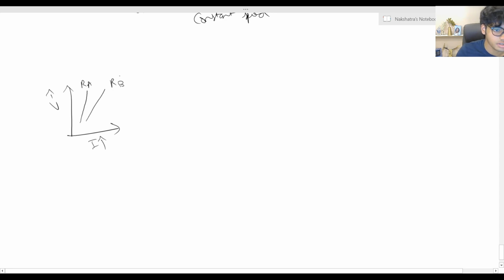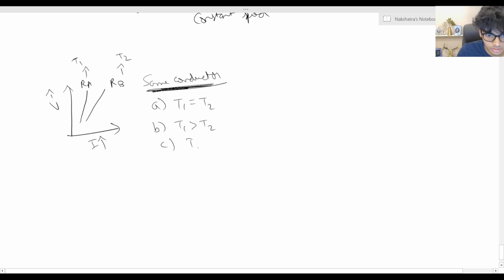Now resistance A has a temperature of T1 and resistance B is at a temperature of T2. This is the same conductor, exact same conductor, everything is same except for the temperature. So now you have to tell me, is T1 equal to T2, is T1 greater than T2, is T2 greater than T1, or cannot say. Okay, this is your first question.